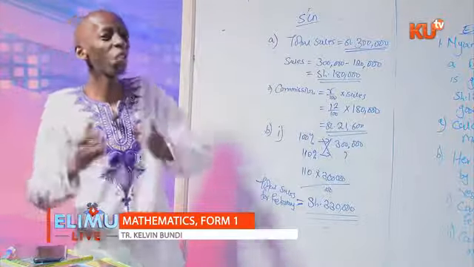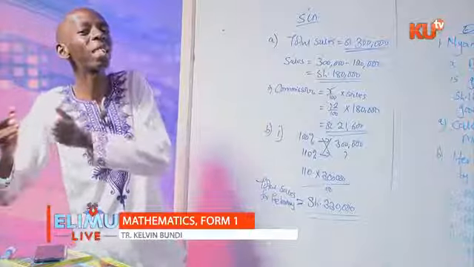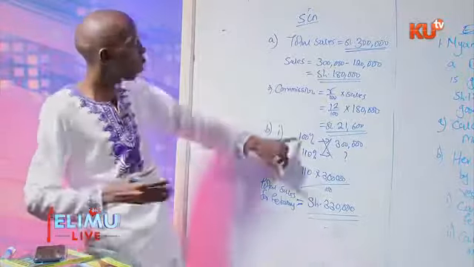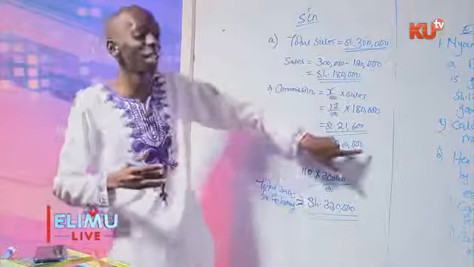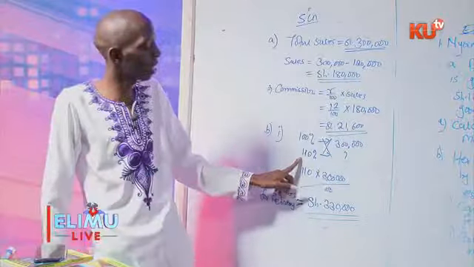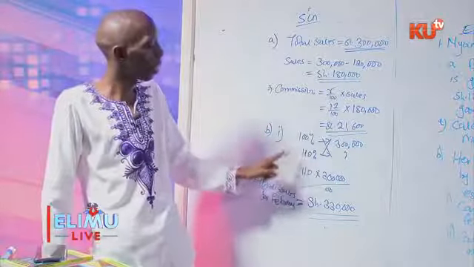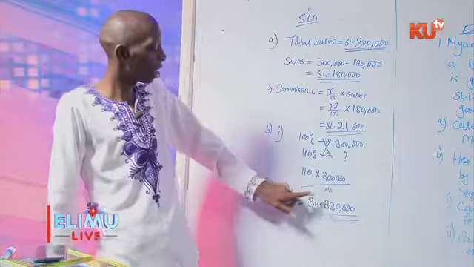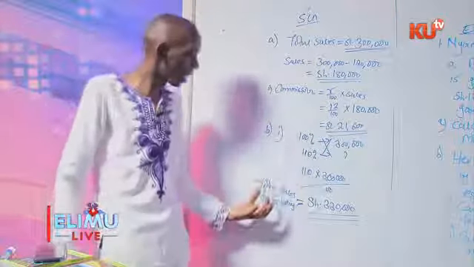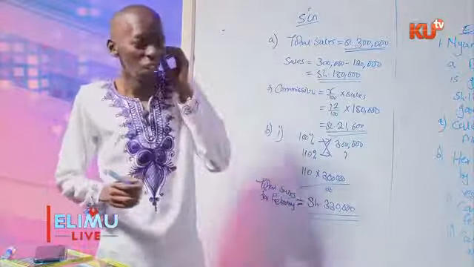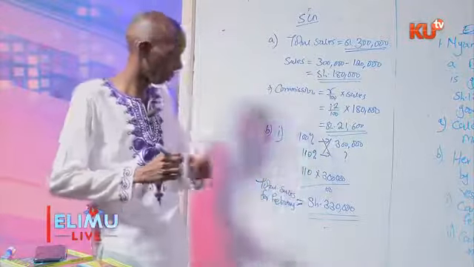Therefore, the total sales for February will be 110% multiplied by the total sales for January. That's why we are saying if 100% is 300,000, what about 110%? We cross multiply, we get 110 multiplied by 300,000 divided by 100, and we'll get the total sales for February as 330,000.